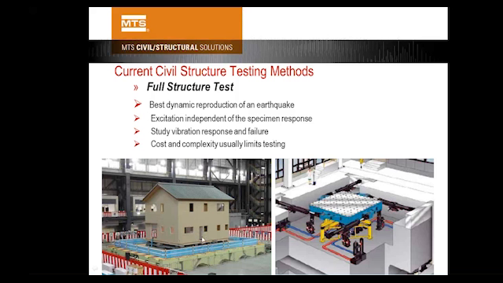For example, Tongji University did a shaker table test on Shanghai Tower. It is a very tall building, so they had to shrink down the specimen to 1:50 scale. Then accuracy is a question, and most people do not believe the result of that shaker table test because you shrink down the specimen so much.